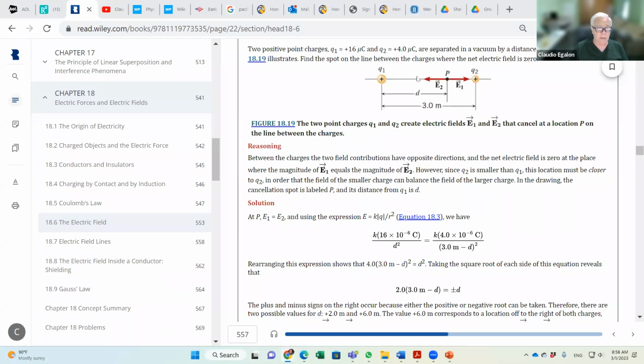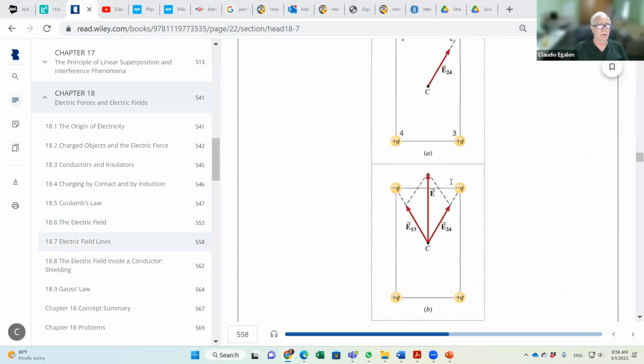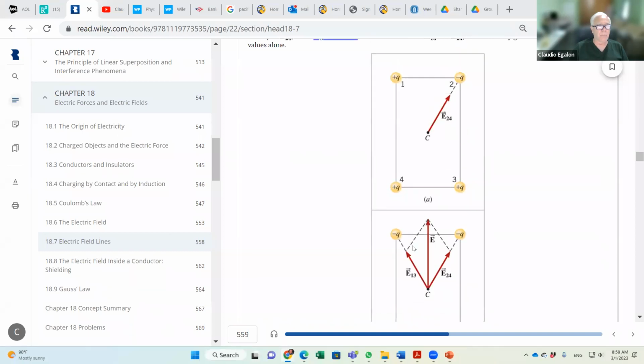Both the electric field and the force are vectorial in nature. Okay, here we go. We have here the net electric field at this point C. Here is the net force between 2 and the net field between 2 and 4.